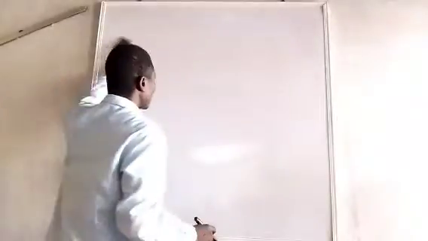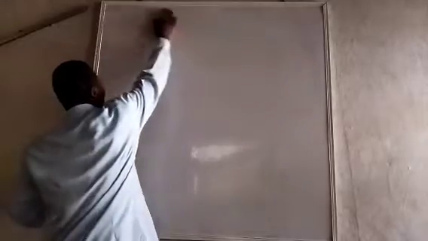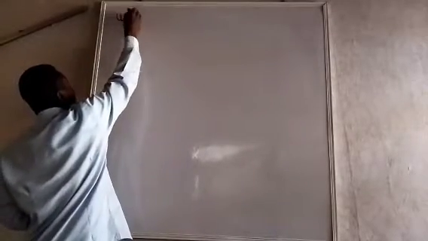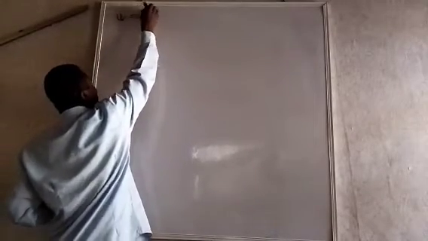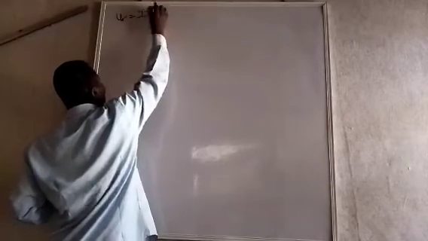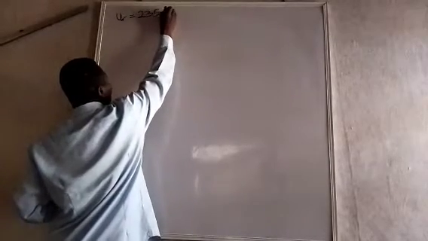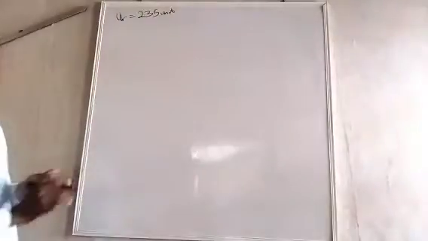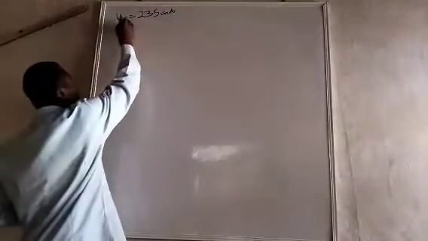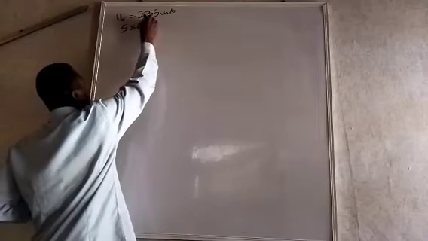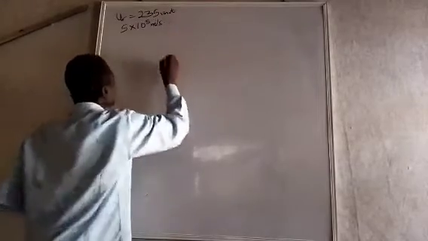Yeah, in the question, we were told that the uranium has a mass of 235 units, and it was moving with a velocity of 5 times 10 to the power 5 meters per second.